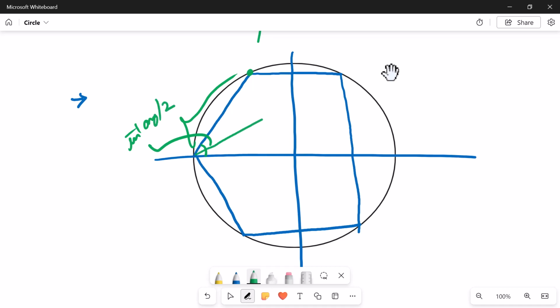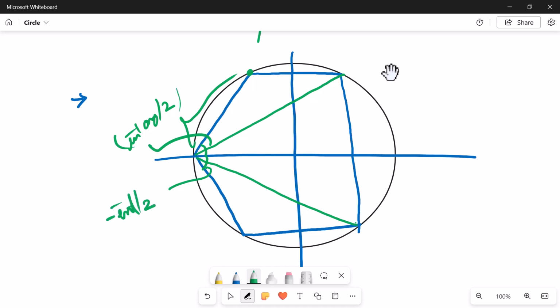Now if we join all these lines like this, the last side of our polygon is also very easy to find, because this is the negative of the above angle. So this is nothing but minus internal angle by 2.